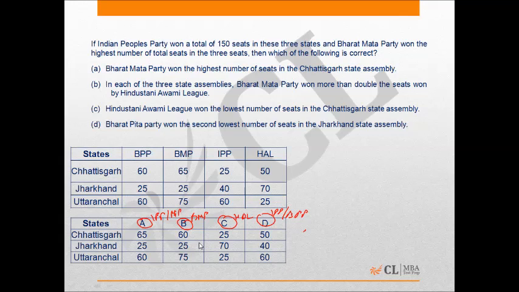Third statement, HAL won the lowest number of seats in Chhattisgarh. HAL won 25 in Chhattisgarh, which is the lowest, which is true. So C is true. BPP won the second lowest number of seats in Jharkhand State Assembly. Now, BPP could either be A or it could be D. So whether it won the second lowest number of seats in the Jharkhand State Assembly is true or not, we do not know. Hence the answer to this question is C has to be correct.